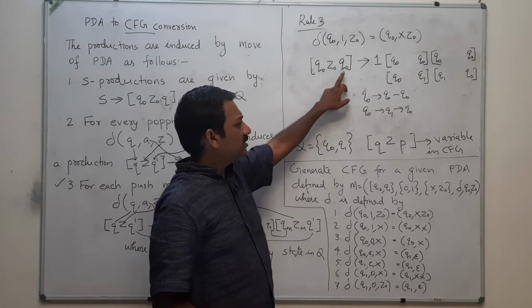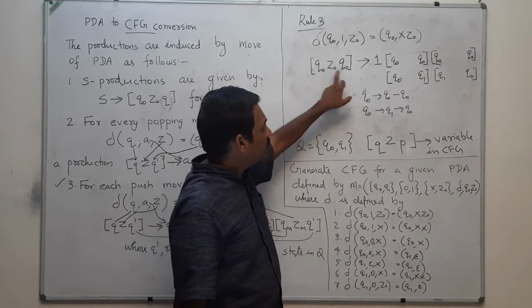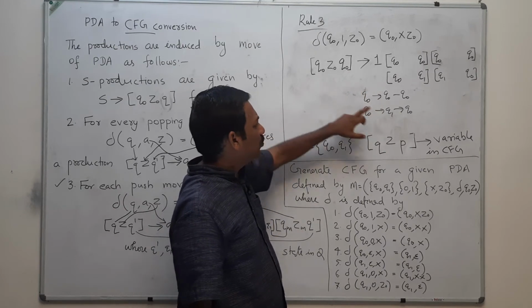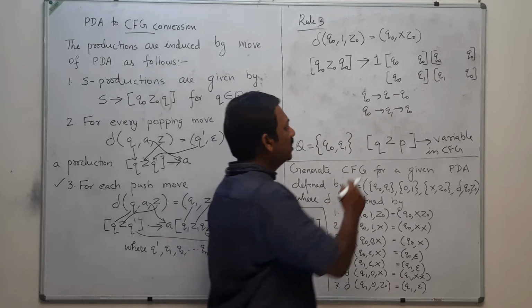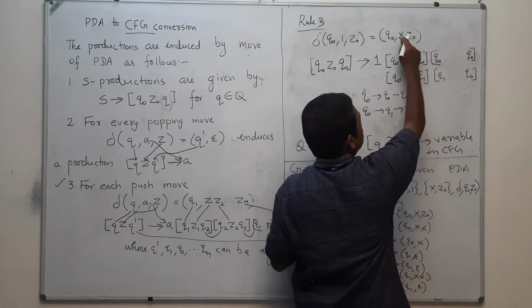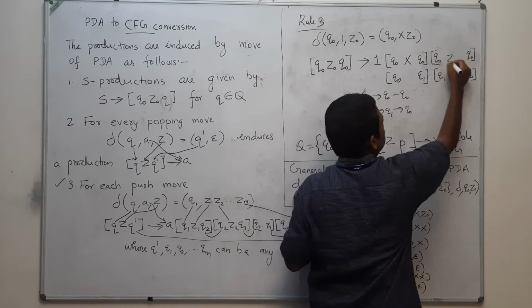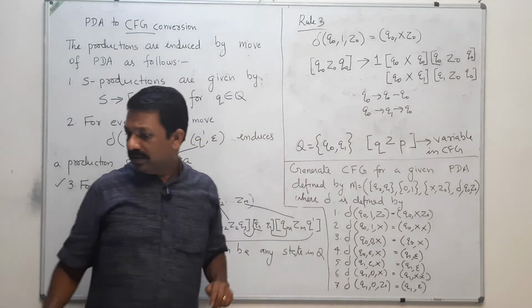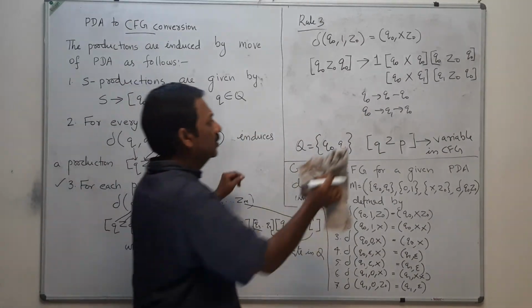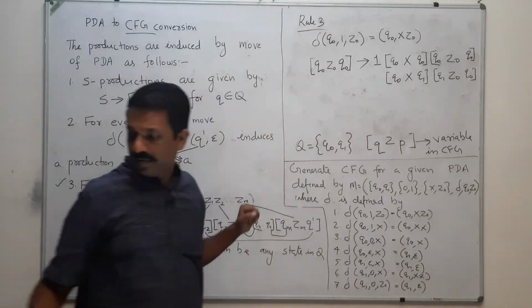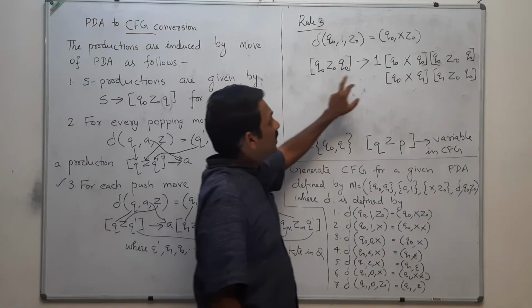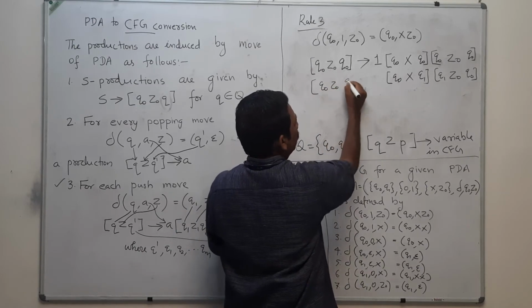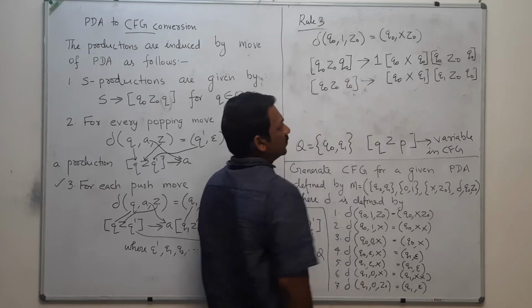That means here after writing this, you have to write x here and Z0 here. So these are the two productions. Here also the left hand side is Q0, Z0, Q0 derives this one.